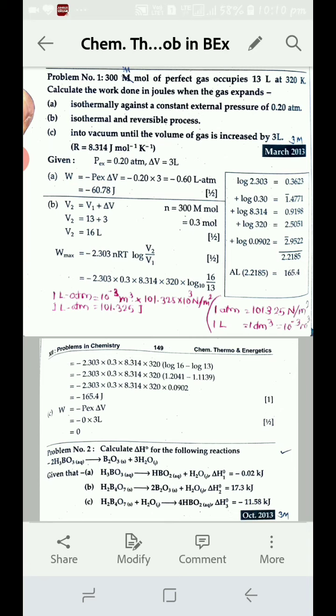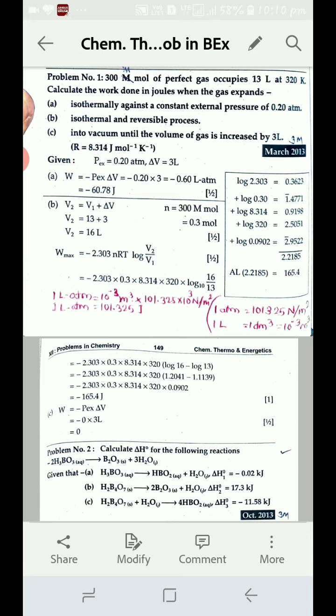So you have to obtain the required equation, 2H3BO3 gives B2O3 plus 3H2O, by using these A, B, C equations, by either multiplying, dividing, or subtracting them. So here we want 2H3BO3 on the reactant side.